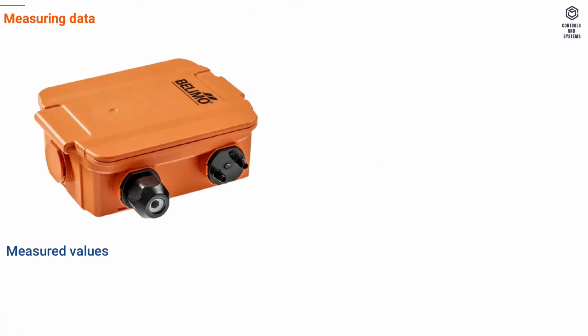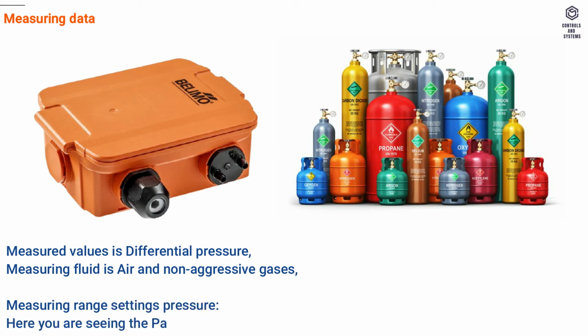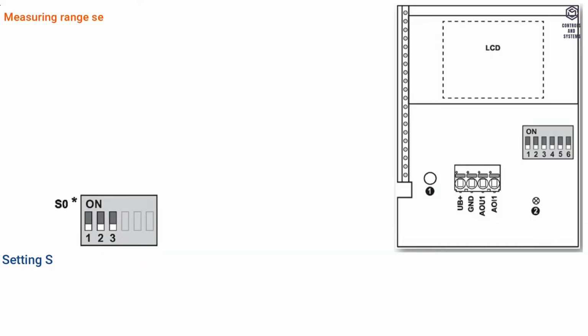Measuring data, measured values is differential pressure, measuring fluid is air and non-aggressive gases. Measuring range settings pressure, here you are seeing the Pascal measuring range from S0 to S1 settings.